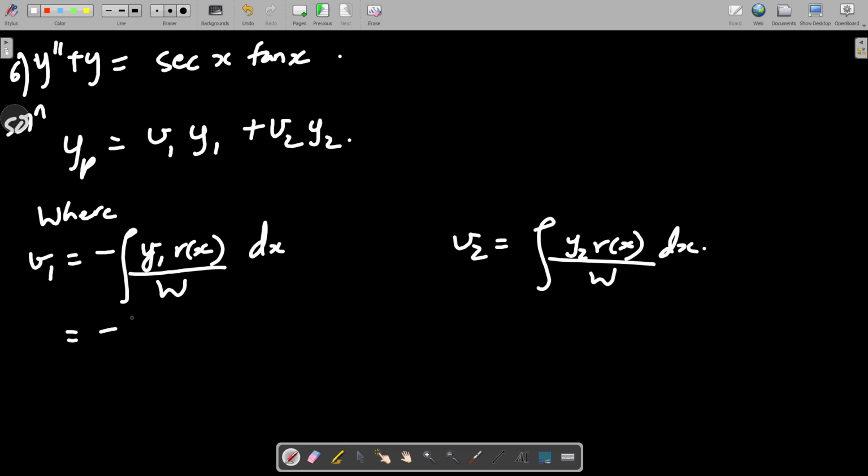So this will become integral y1, we have taken as cos x, right? So cos x into sec x into tan x upon 1.